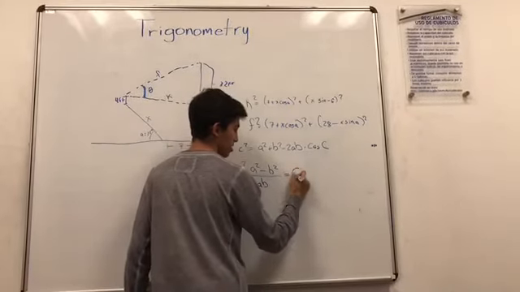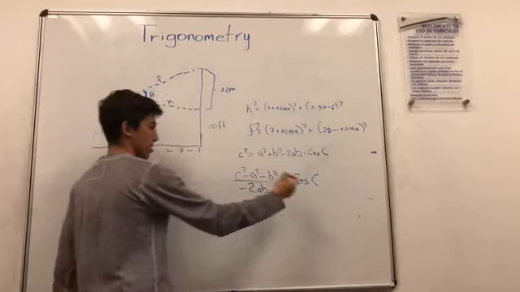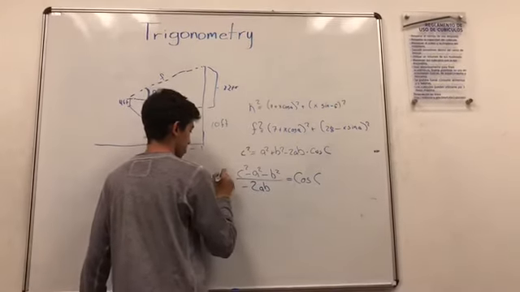And we can, that is cosine of C. To take this cosine, we use minus cosine.